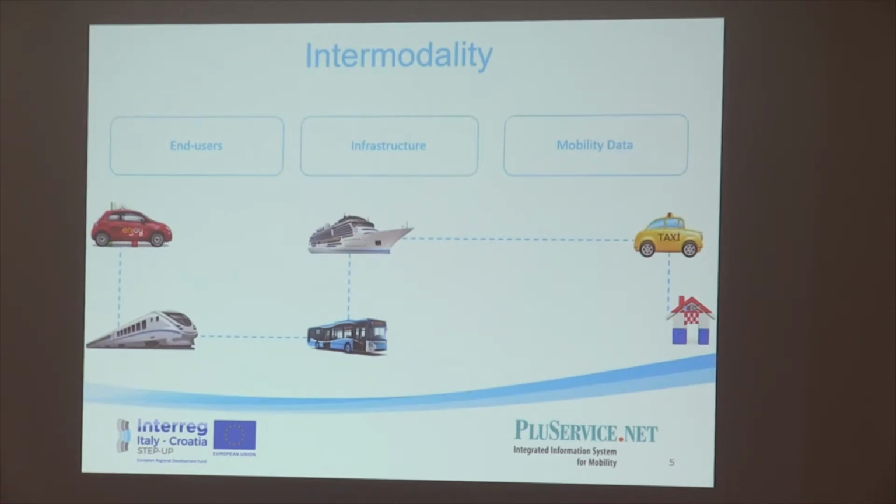An example to understand intermodality is a user that has to go from point A, for example, Bologna in Italy, to a point B, for example, Zara in Croatia, without the use of a private car. Of course, he has to take different modes of transport. To reach the train station in Bologna, he can use car sharing or bike sharing.